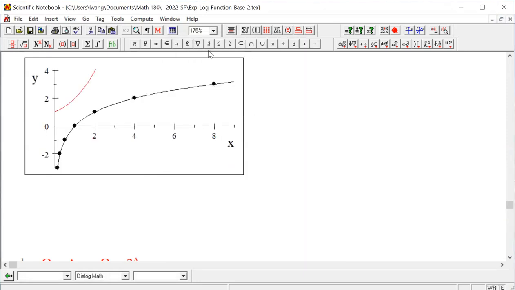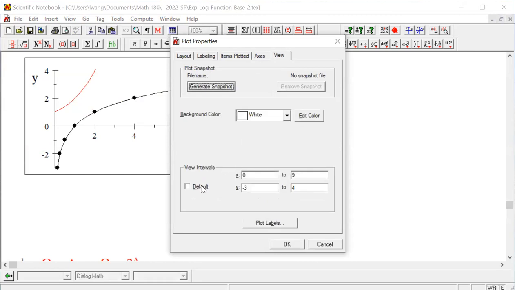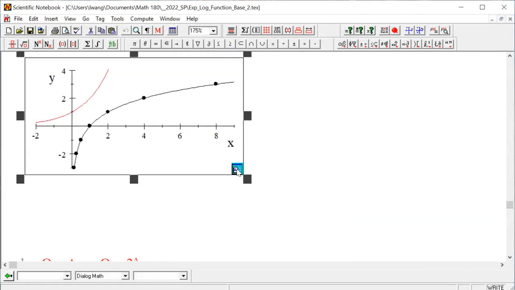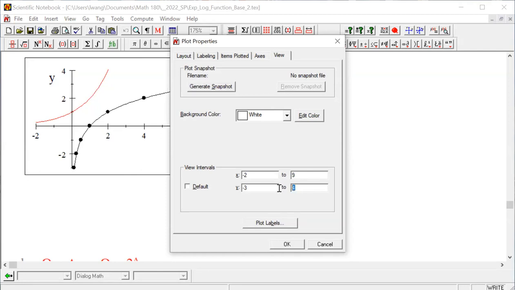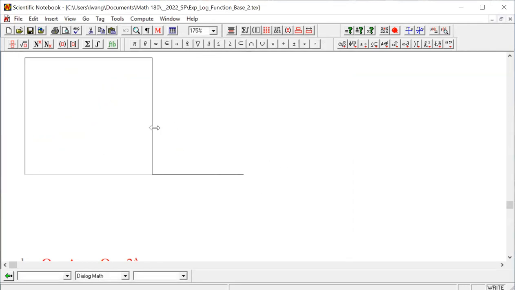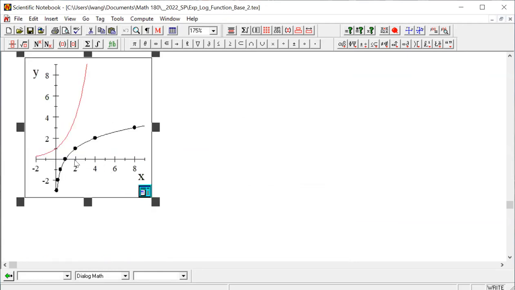Of course, I need to adjust the picture. Let's see what this will do. I'm going to make it higher. There we go. I try to make the two about the same proportion.